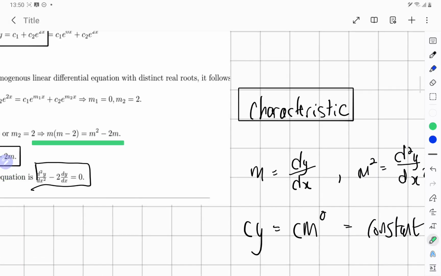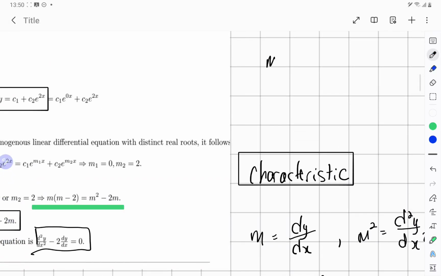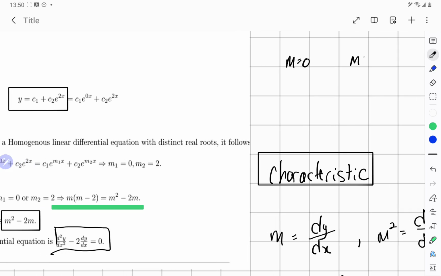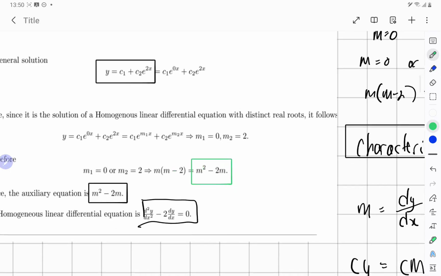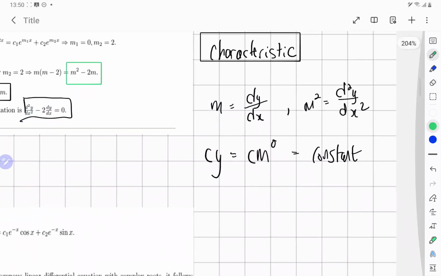That if we have M is 0 and we have that M is 2, we know from first year that if we have two factors equal to 0, we will times them together, and that will give us our characteristic equation, which is m squared minus 2m, our characteristic equation equal to 0.